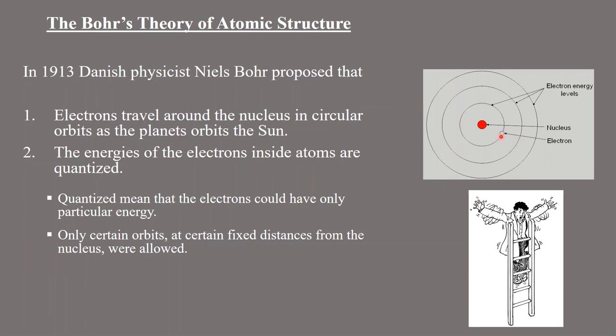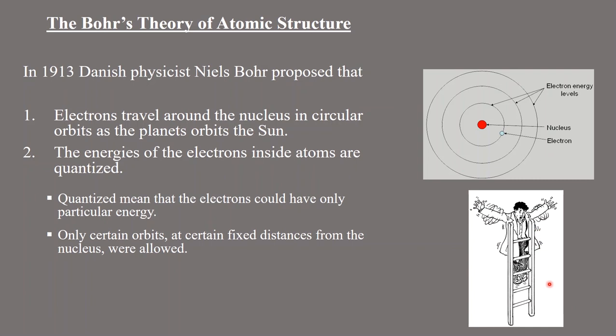So an electron can either be in this orbit, or it can be in the next orbit, but it cannot be in the middle of these two orbits. You can understand it by visualizing that electrons are positioned around the nucleus like a person standing on this ladder.